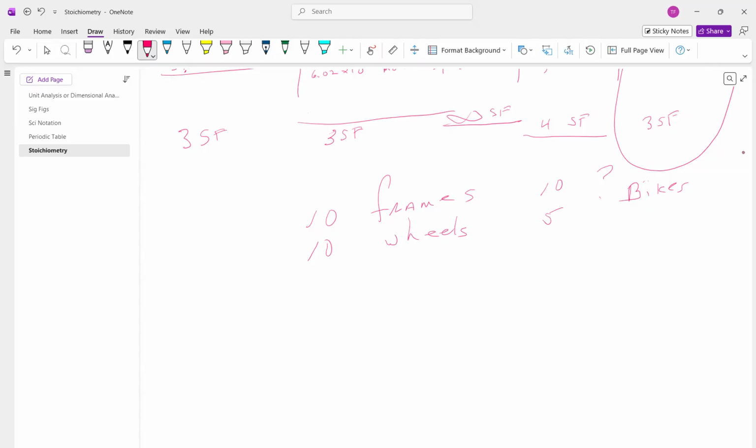Which limited the amount of bicycles, frames or wheels? Wheels. So this is called the limiting reactant, and this is called the excess reactant.